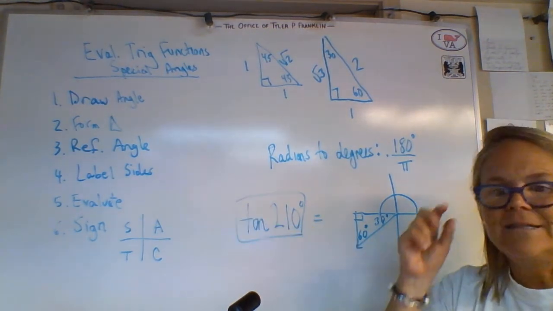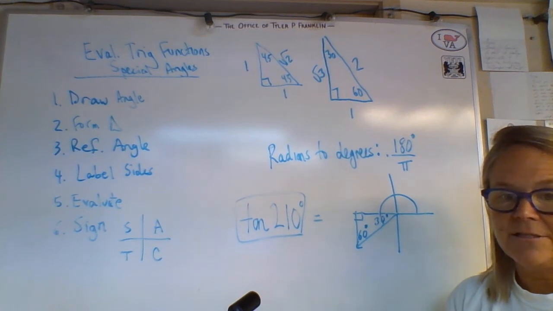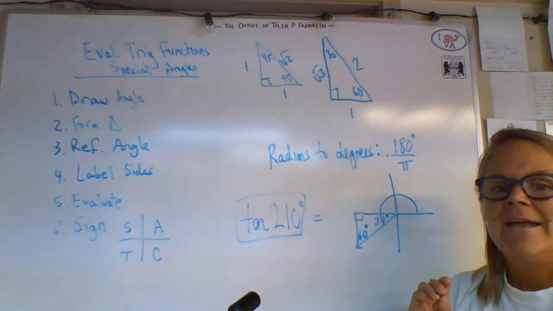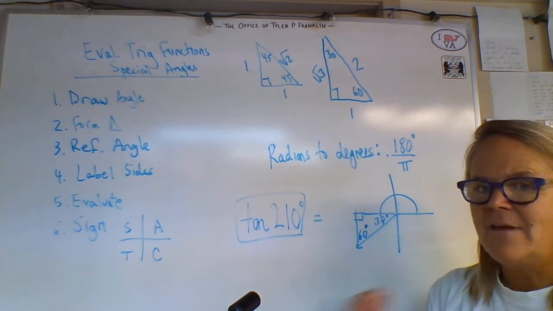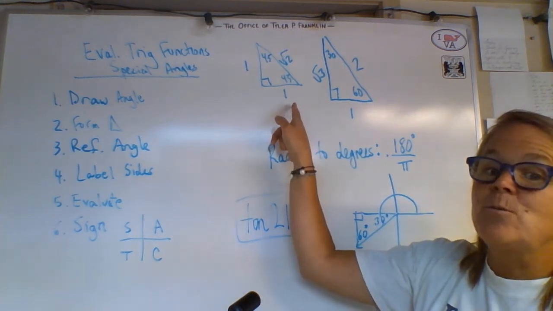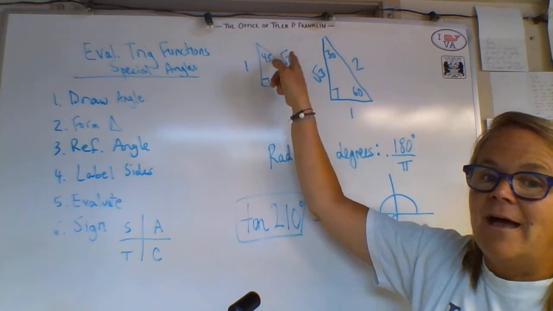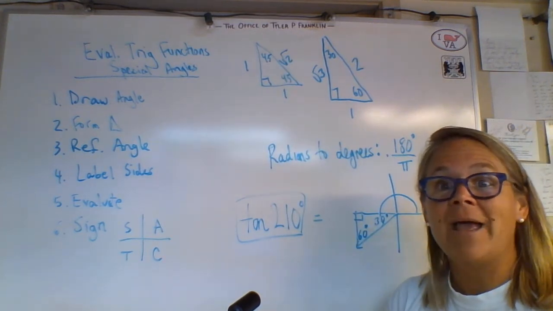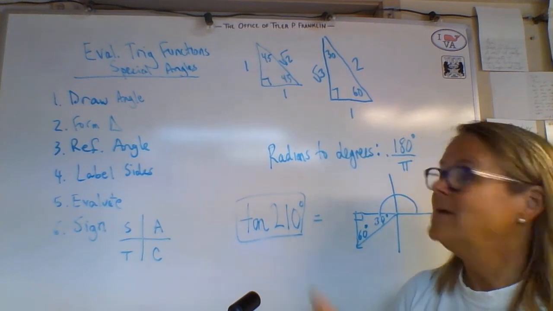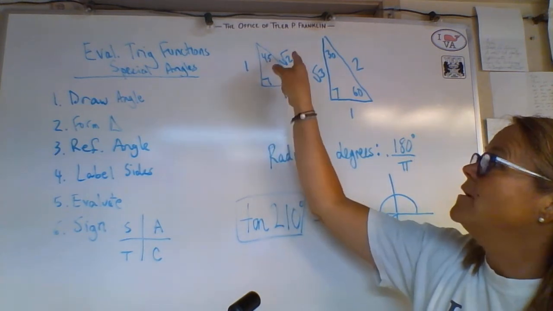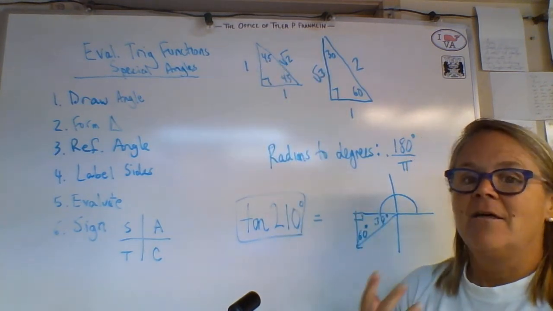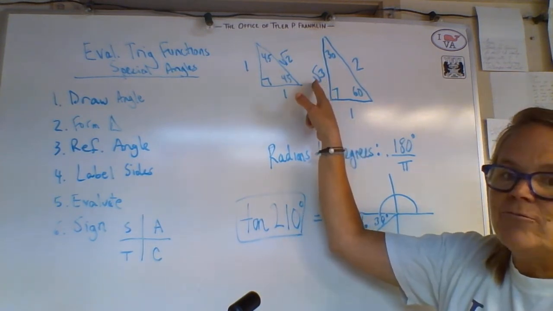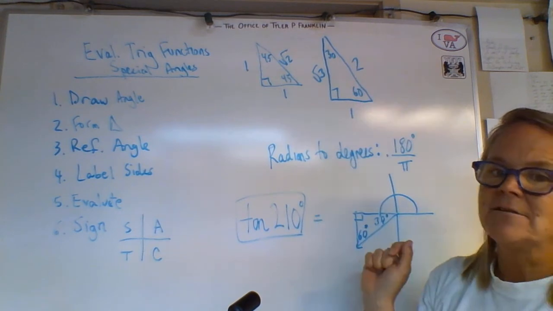Fourth, label your sides. Well, I got to know my special triangles. In a 45, 45, 90, we learned this was x, x, x radical 2. I talked about saying, well, let's make x 1. Well, that's 1, 1, radical 2. 30, 60, 90. This was x, x square root of 3, 2x.